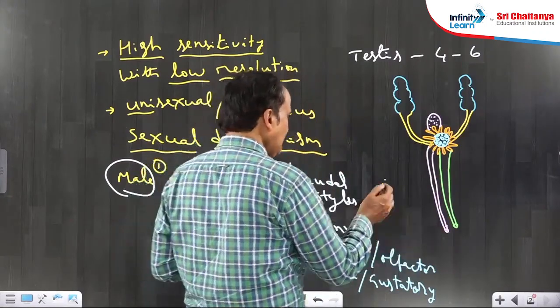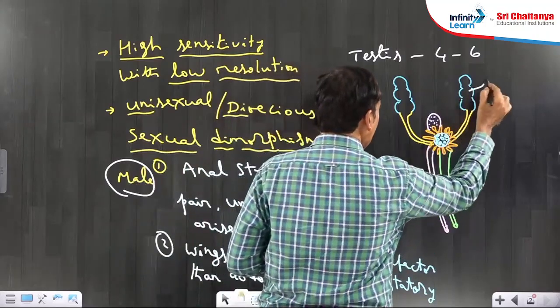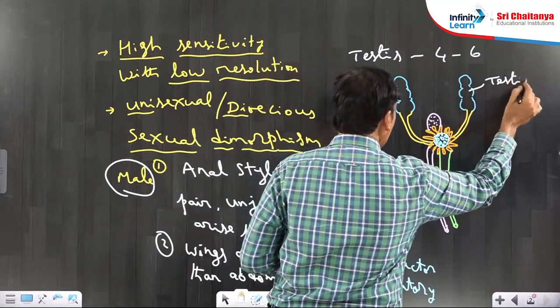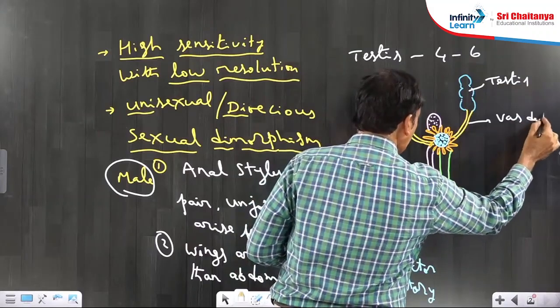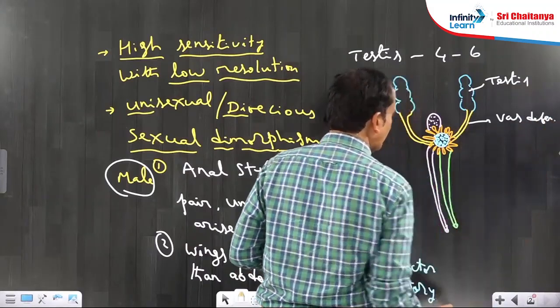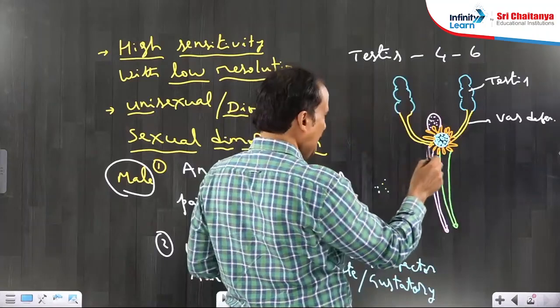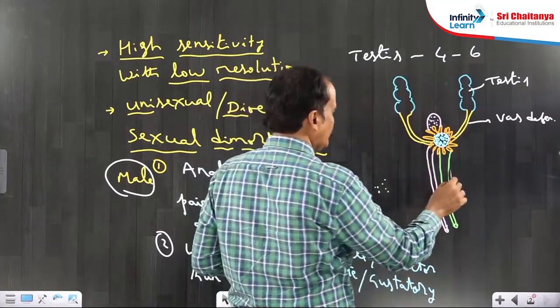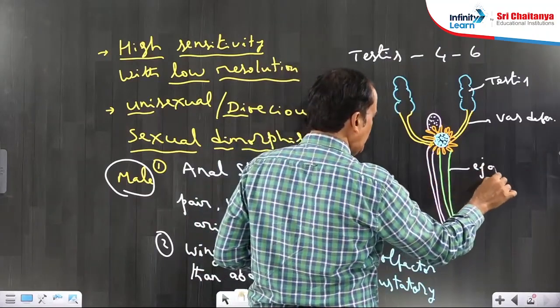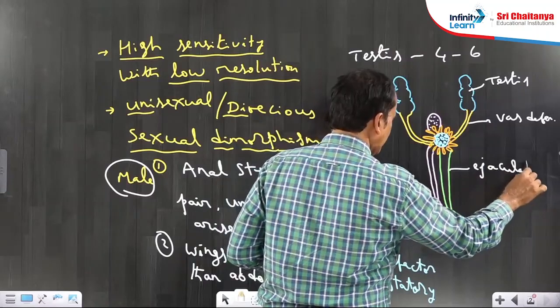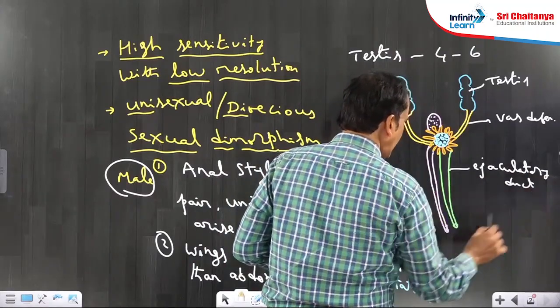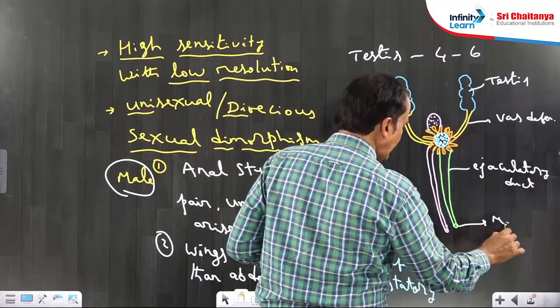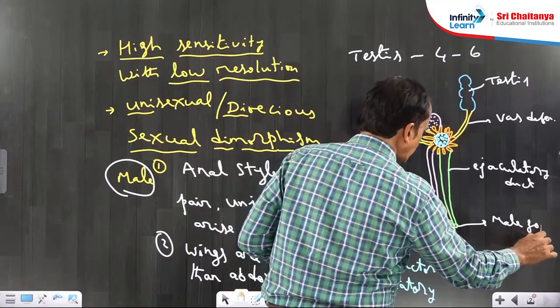So you need to remember the structures here. This is the testis extending between 4th, 5th and 6th segment. The structure that arises from the testis is vas deferens. They pass through seminal vesicle and they open into ejaculatory duct. Ejaculatory duct will open outside as male gonopore.